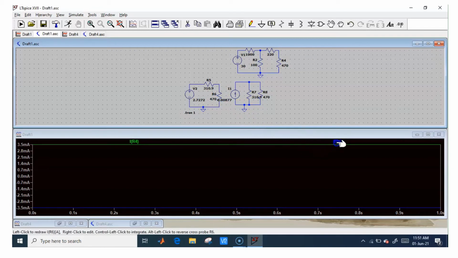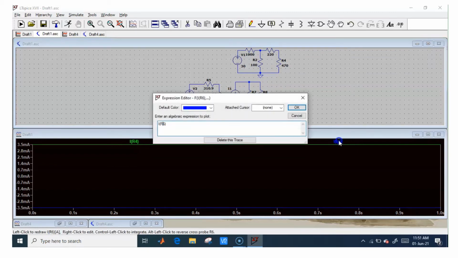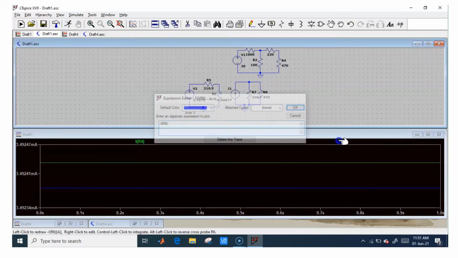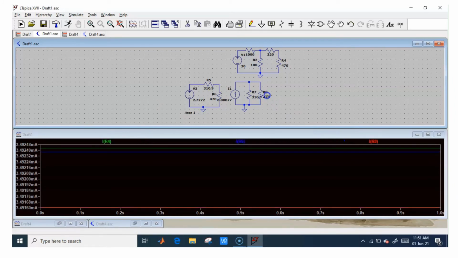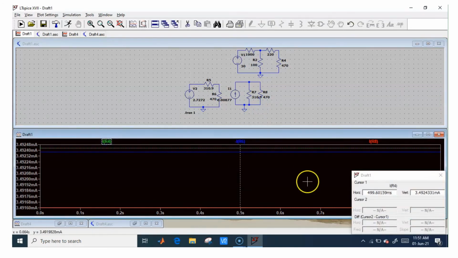Here IR6, the direction is coming in reverse, so let me reverse the symbol. Then the current flowing through the IR8, that is the 470. So what values are we getting? Here the same 3.49 milliamps.